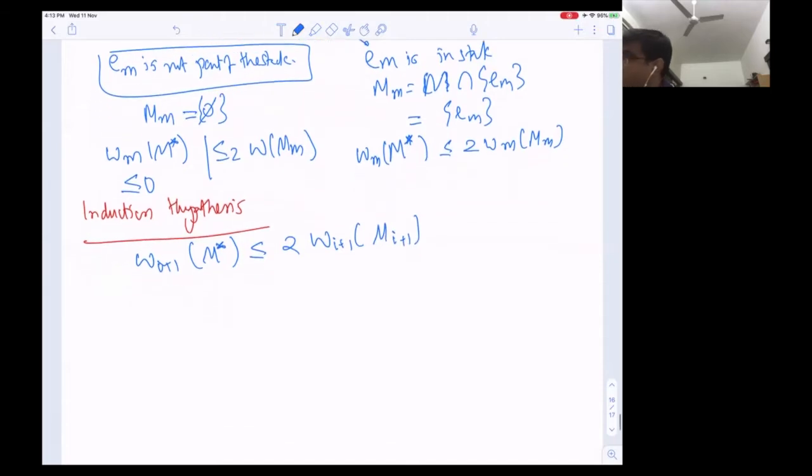Now, suppose e_i is not in the stack. Then we know that w_i is equal to w_{i+1}.